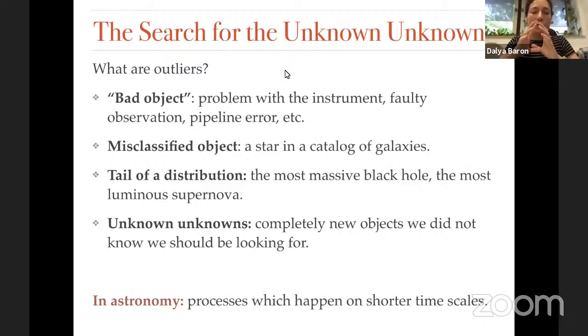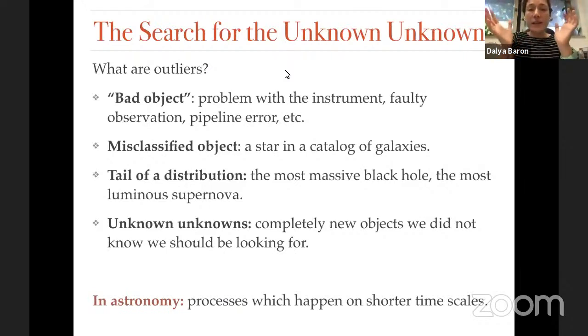And the important thing to note is that in astronomy, outliers are not always rare phenomena. What do I mean by that? In astronomy, these can also be processes that happen on much shorter timescales. If I have a galaxy, the dynamical timescale of a galaxy is of order hundreds of millions of years.